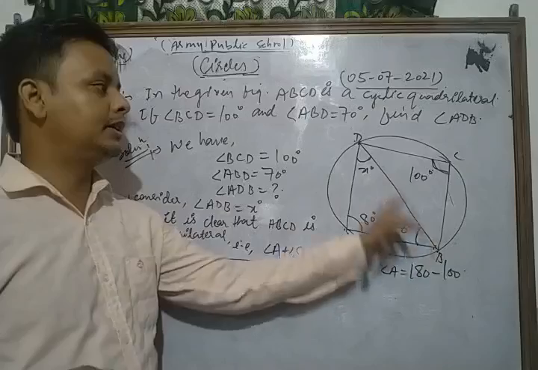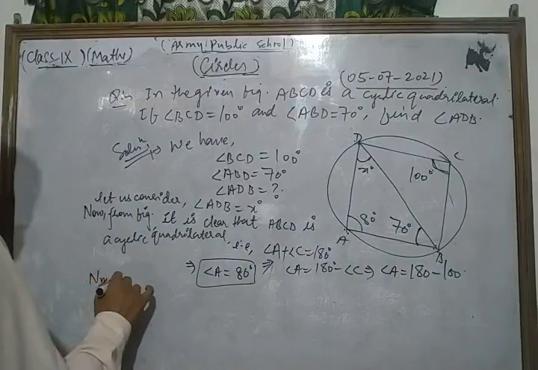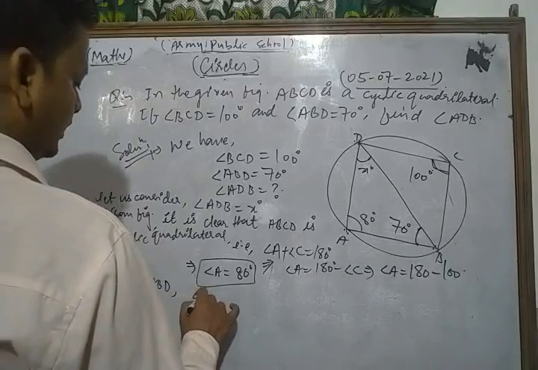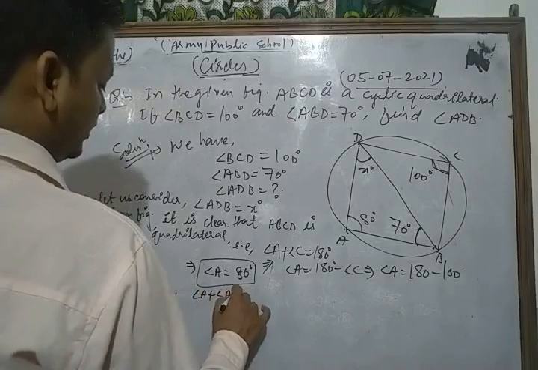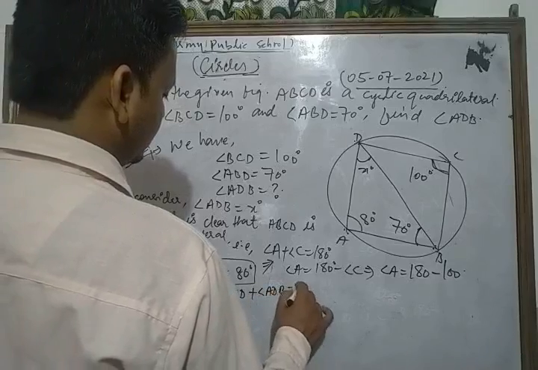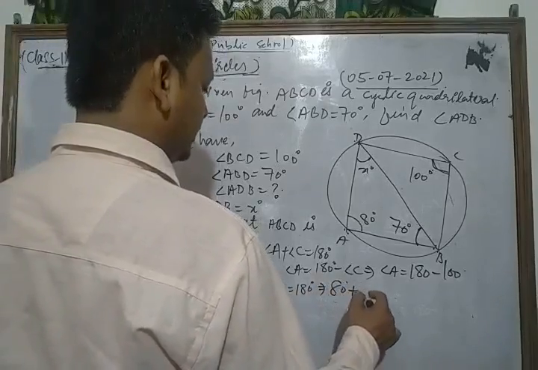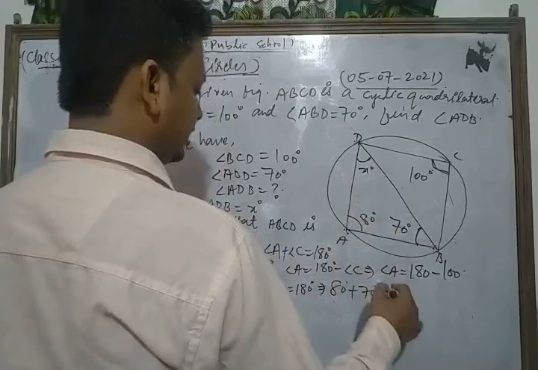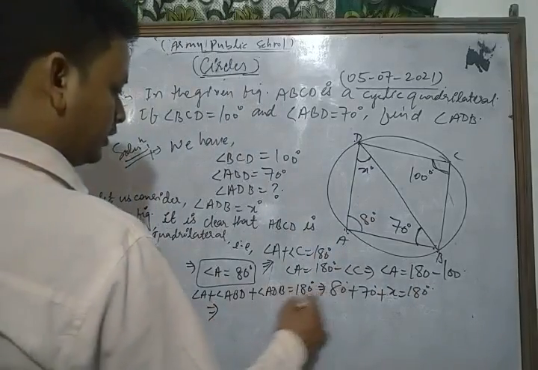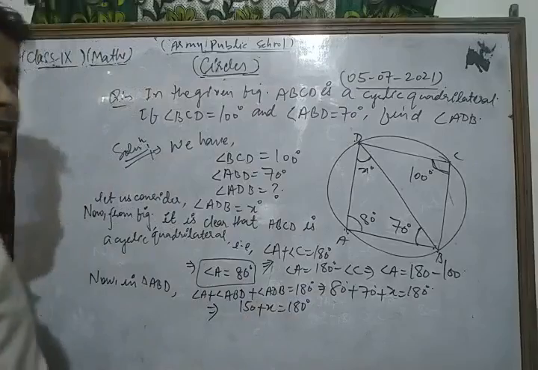Now we take triangle ABD and apply the angle sum property. In triangle ABD, angle A plus angle ABD plus angle ADB is equal to 180 degrees. So angle A is 80 degrees, angle ABD is 70, angle ADB we take as x, equal to 180 degrees. So 150 plus x is equal to 180 degrees.